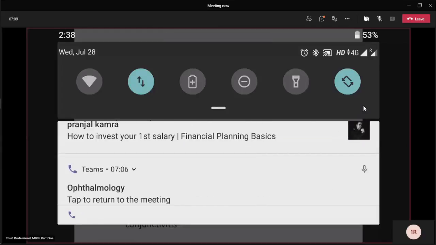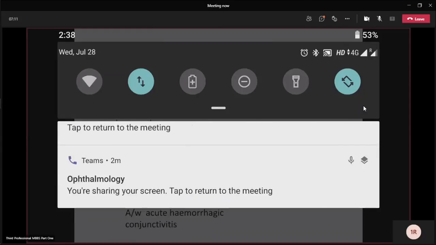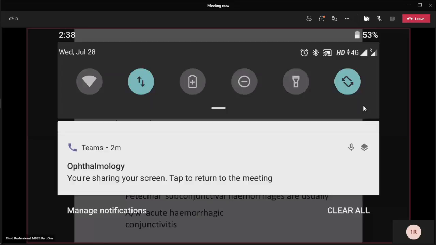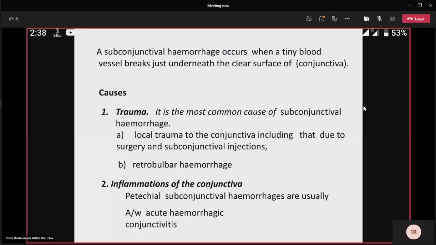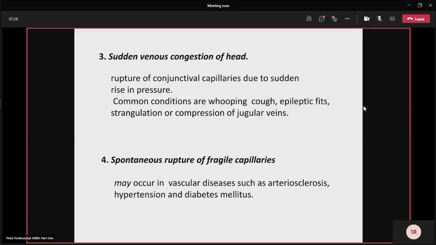Second is inflammation of the conjunctiva. If it is associated with hemorrhagic conjunctivitis, then we will see some petechial subconjunctival hemorrhage. Third is sudden venous congestion of the head. If there is a sudden rise in pressure, it will cause rupture of the very small conjunctival capillaries, causing subconjunctival hemorrhage.